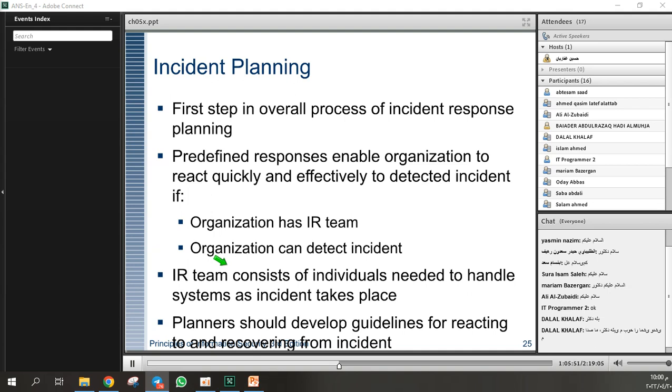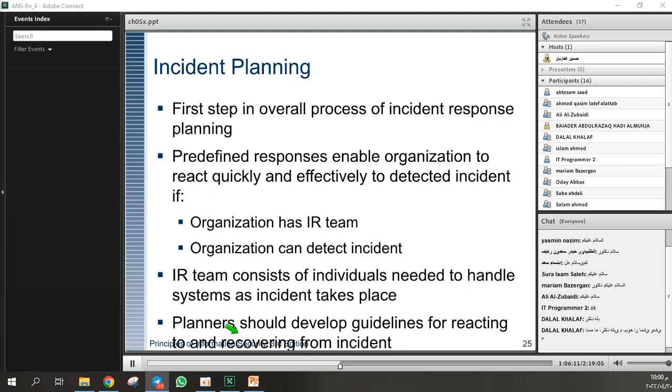But the planners for the incident response plan must develop enough guidance, reacting documents, and recovering documents against each of those incidents.